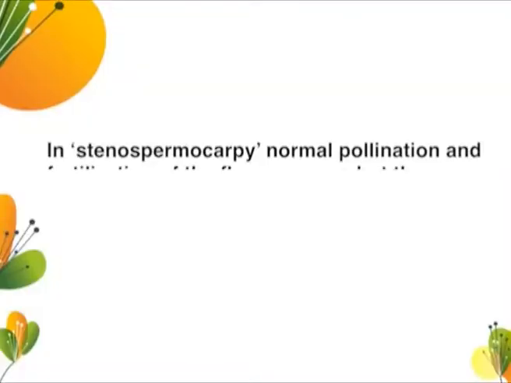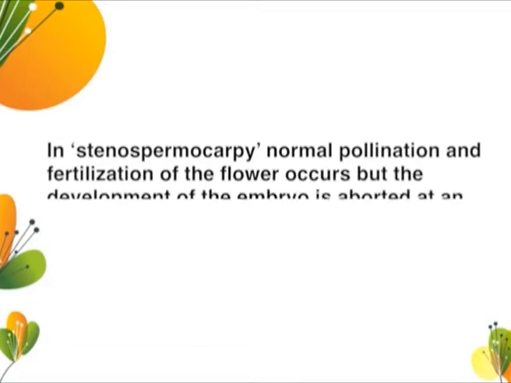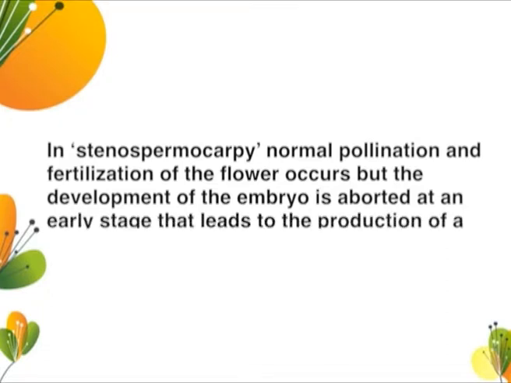Seedless fruits are also naturally produced by another process known as stenospermocarpy, which is different from true parthenocarpy. In stenospermocarpy, normal pollination and fertilization of the flower occurs, but the development of the embryo is aborted at an early stage that leads to the production of a seedless fruit.